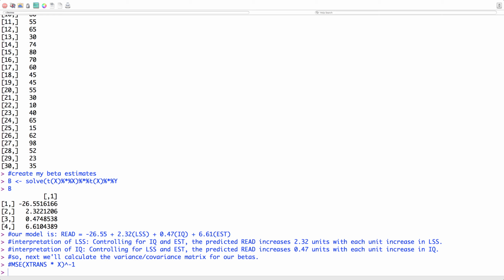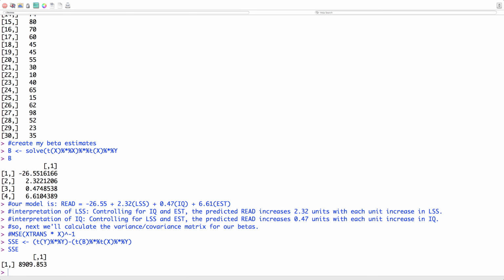I'm going to take the sum of squares error term here, and this is calculated using matrices as transpose of y times our y minus our transpose for our beta times our transpose for our x times our y.